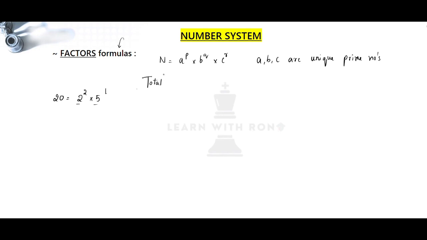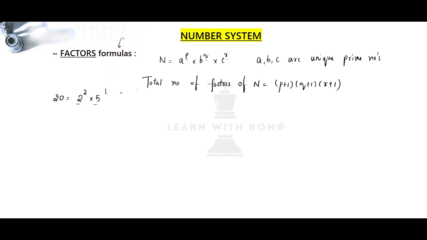How to find the total number of factors of this number N? If you observe the powers p, q and r, add 1 to each power and multiply. That is, p plus 1 multiplied with q plus 1 multiplied with r plus 1.